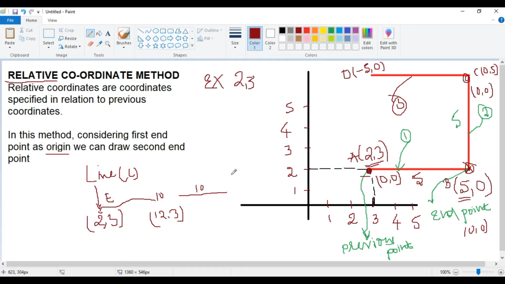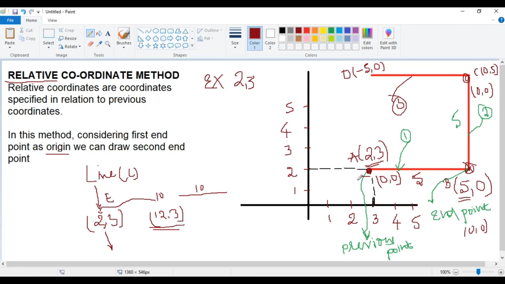So first I need to type line or L, enter, and then give the coordinate value. It is going to ask you to specify the second point. In the Cartesian method we wrote 12 comma 3. But here we are referring to the previous point.